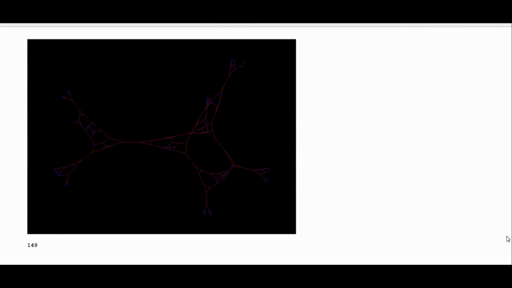So for the red dot, we get this subgraph on the vertices within 12 of it. And for the blue dot, which is 149 vertices, and for the green dot, we have this subgraph induced on the vertices within 12 hops of the green dot.